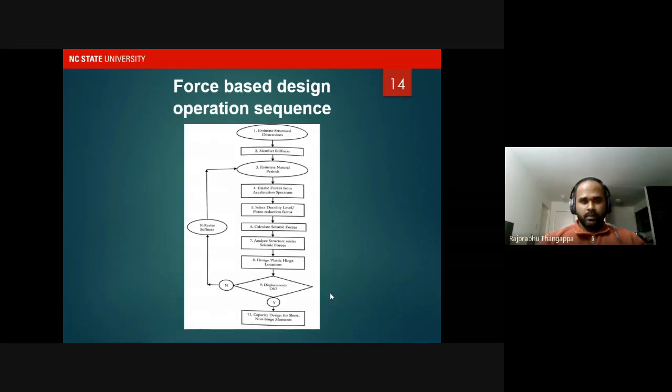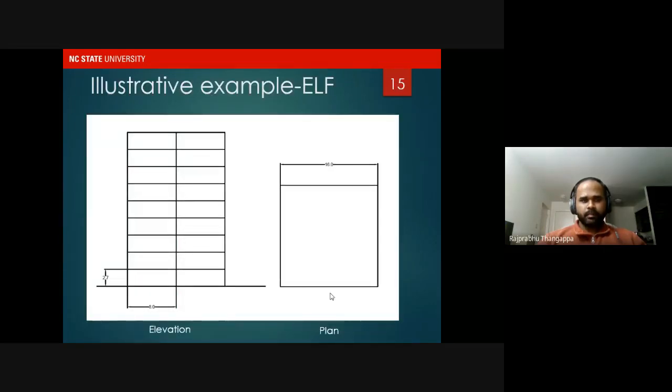So moving on, I thought of giving an illustrative example for a force based design using the equivalent lateral force method. So here we have a G+8 building, with each story of 2.7 meters and a bay length of 8 meters. And this is a square building of 16 meters. So we would have to use the force based design approaches which we discussed earlier to design the beams and columns of the particular 2D frame.